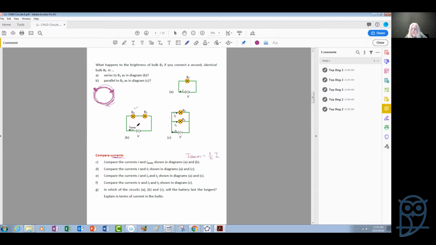So slower flow means smaller current. That is why this current here in the series circuit is smaller than the current there. It goes with half the speed, we could say. The charge flows with half the speed. So this current is half.